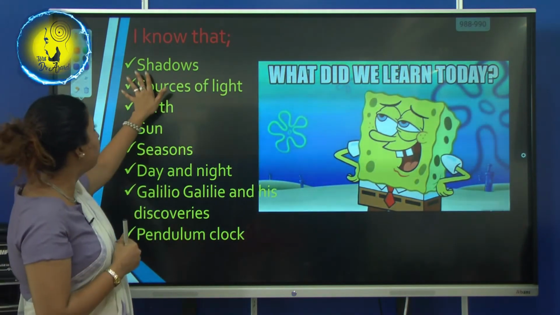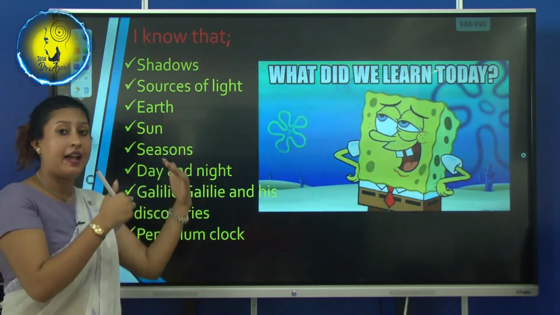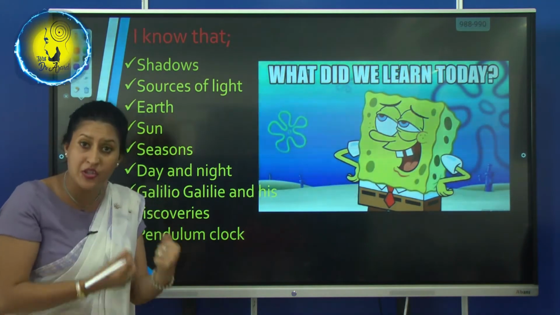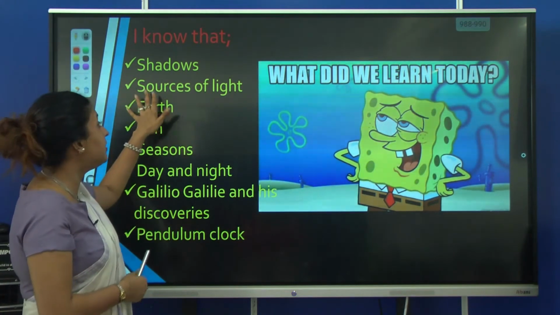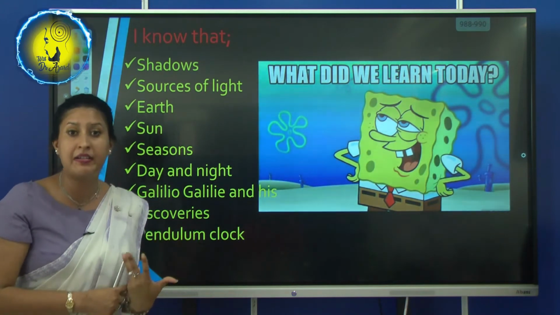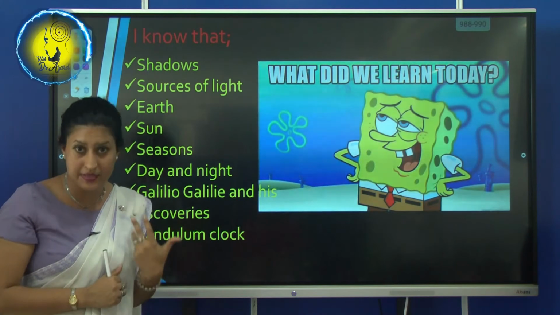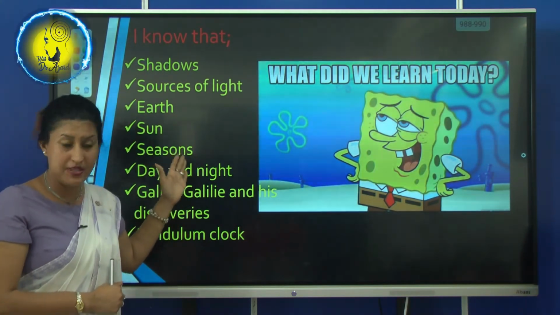Shall we revise what we have studied in our science lesson today? We first spoke about shadows, with regard to the position of earth and sun, how shadows occur. Then we learned about sources of light: campfire, sun, and a bulb. Then we spoke about earth.